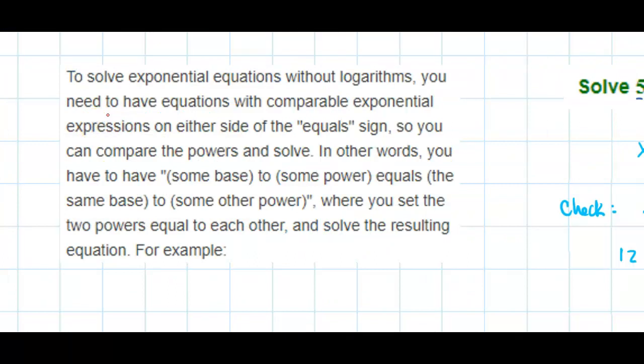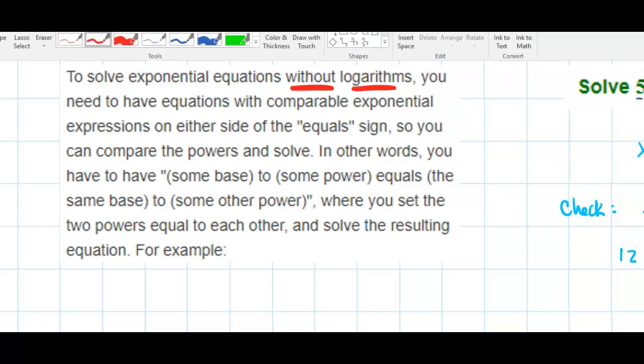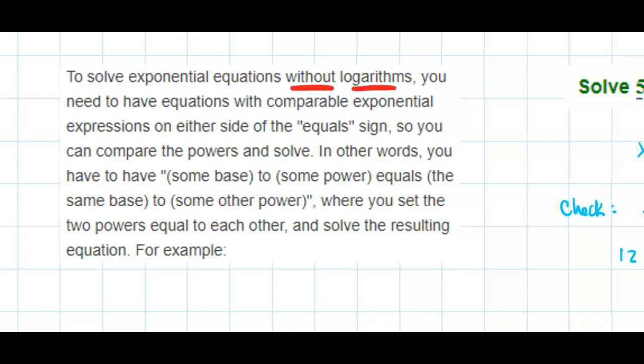To solve exponential equations without logarithms, you need to have equations with comparable exponential expressions on either side of the equal sign, so you can compare the powers and solve.